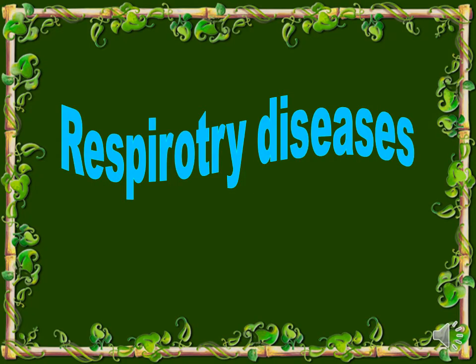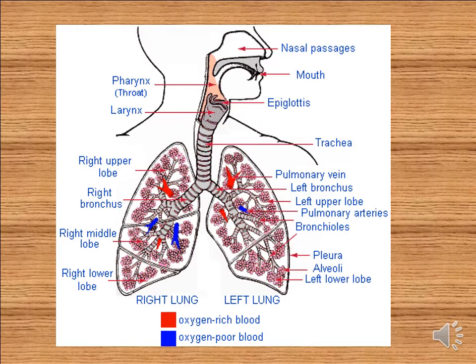Respiratory disease. The simple anatomy of the respiratory system: first, externally, is the nose, which has two cavities separated by the nasal septum.